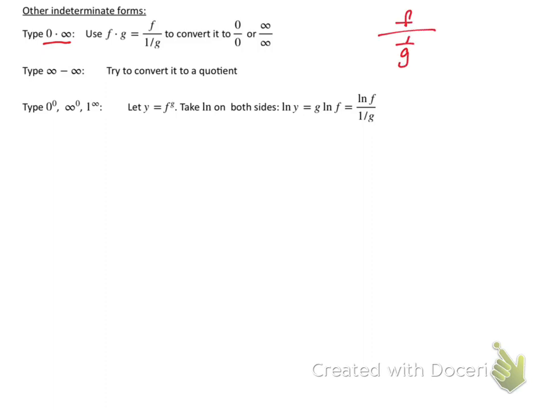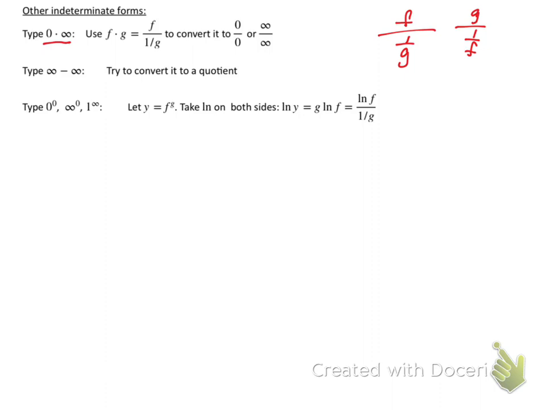This is what I meant; I can't type it this way, it will be super ugly. Either way, you want that quotient, and taking the reciprocal of 0, you get infinity, or taking the reciprocal of infinity, you get 0. So they will turn out to be 0 over 0 or infinity over infinity.